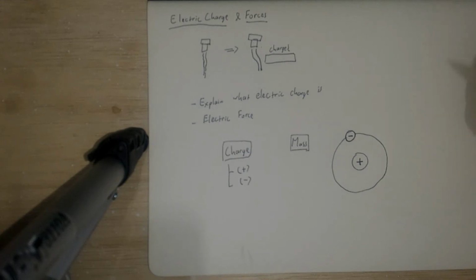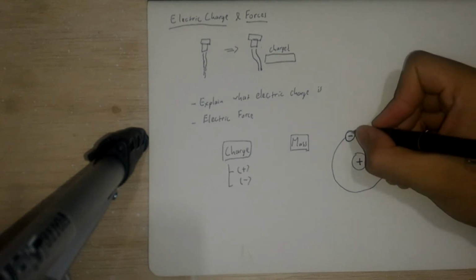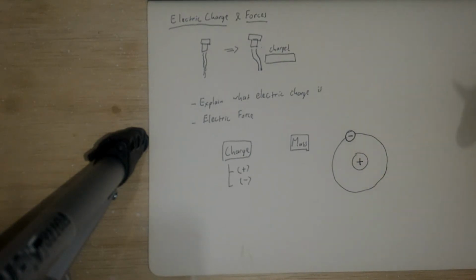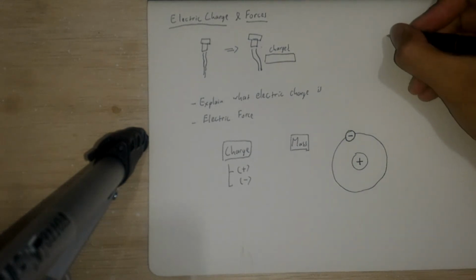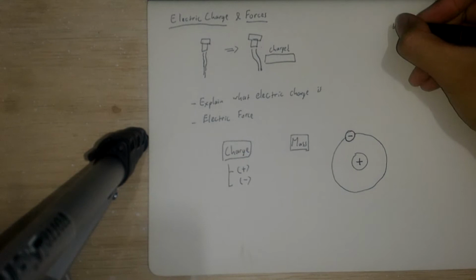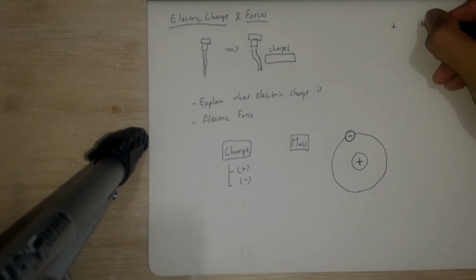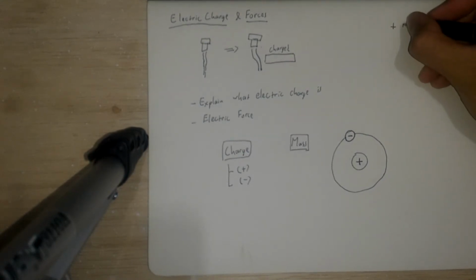Another piece of knowledge you need is that two like charges will repel each other, but two unlike charges will attract each other. For example, if we have a positive charge here and a positive charge here, they will repel.